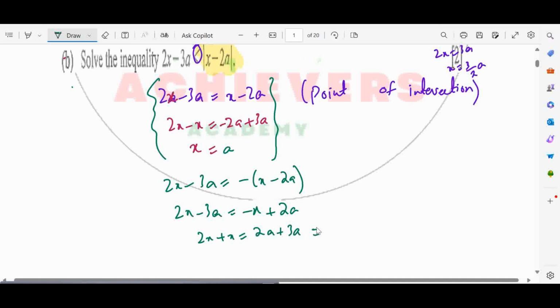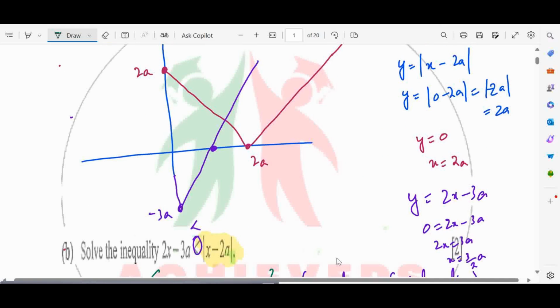From here we get the point of intersection: 3x equals 5a, and x equals 5 by 3 a. Now this will be the point of intersection, and from the graph we can see that this point is indeed the point of intersection because it lies between 1.5a and 2a.